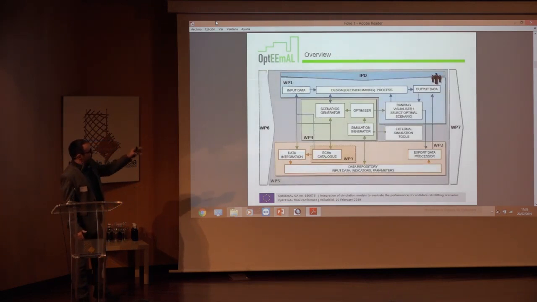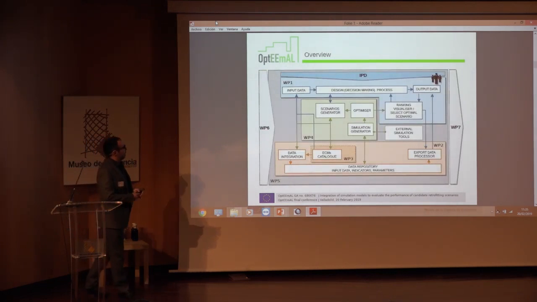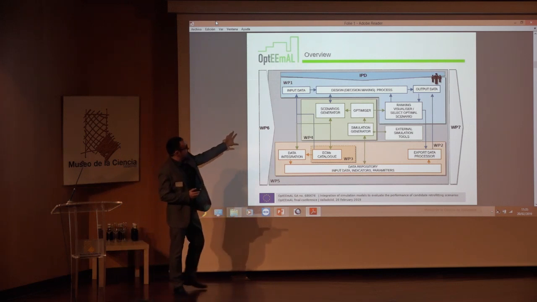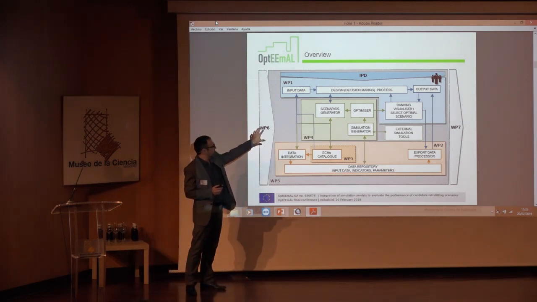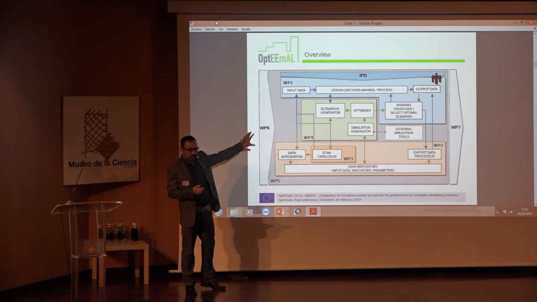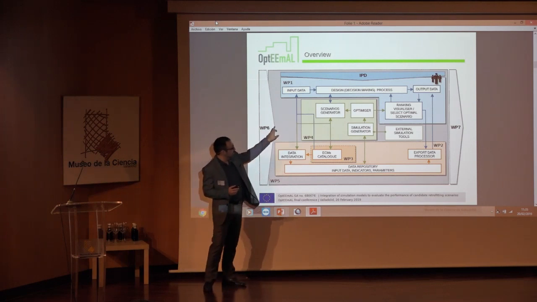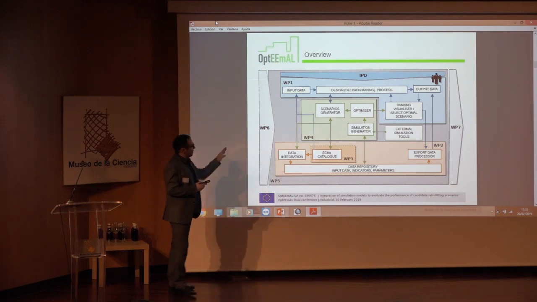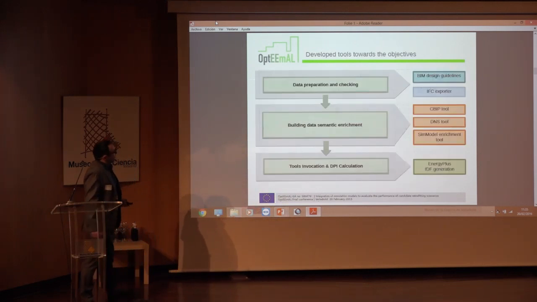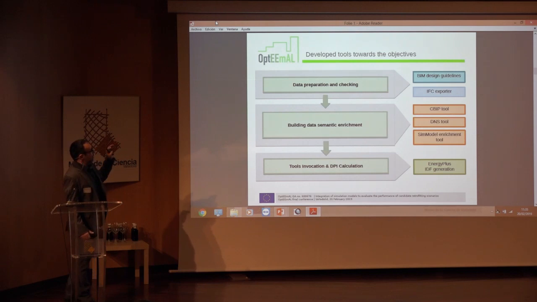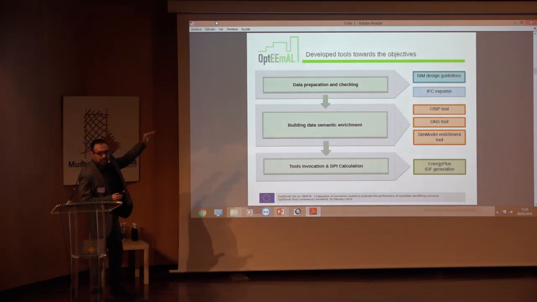So this is the overall picture of the project, and basically the scenarios are generated on the simulation. The part that I'm going to talk about is inside this central green box. So as I said, we have these three stages.